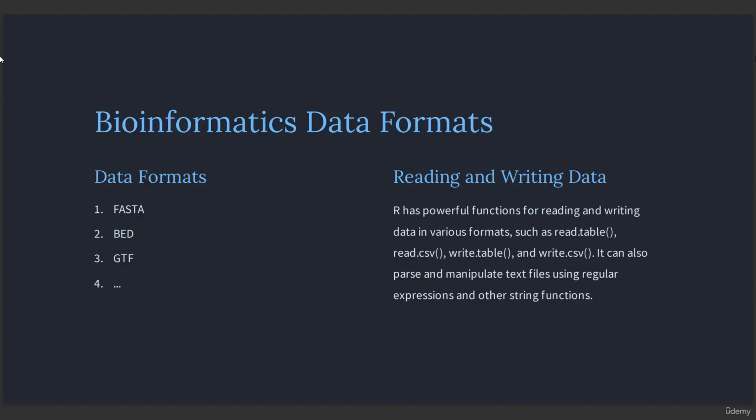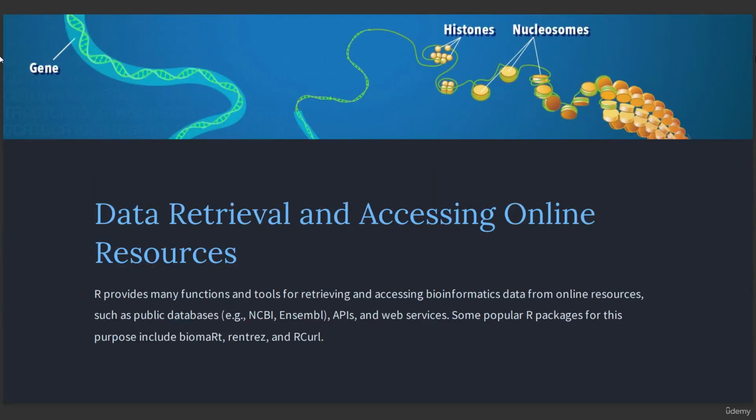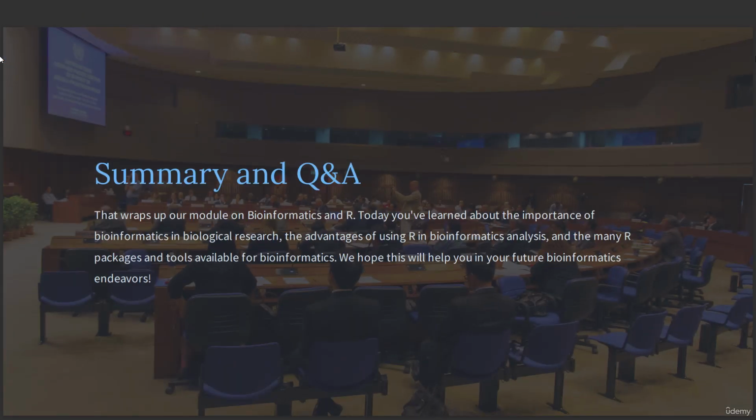CSV is also an Excel-compatible file, and we can also use R for accessing bioinformatics data from online resources like the NCBI GEO database and the Ensembl database, and we can also use their APIs and web servers. Some popular packages for this include biomaRt, which we are also going to use for Ensembl, and that wraps up our whole module, I think.